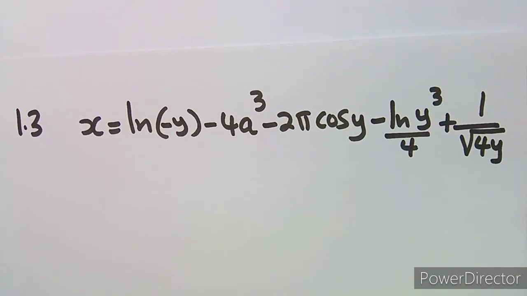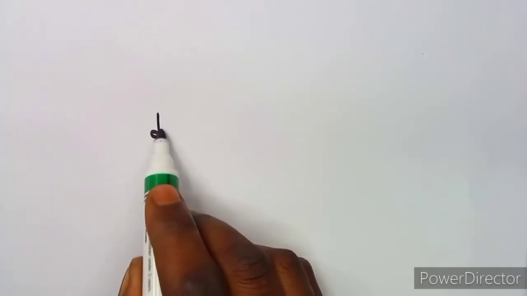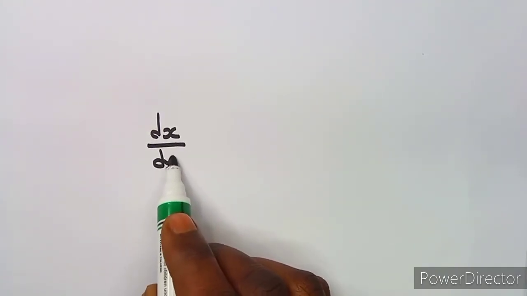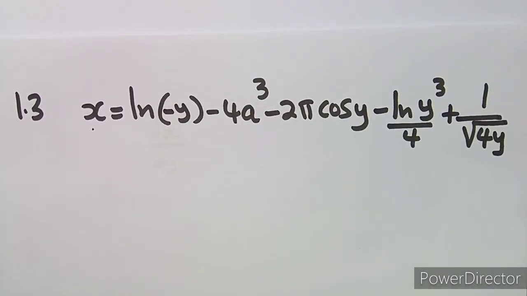So in order for you to find the derivative, it's supposed to be the derivative of x with respect to y, dx dy. This is what you're supposed to do. So normally I always like to first rewrite these expressions when we are differentiating them. It's going to be easier.